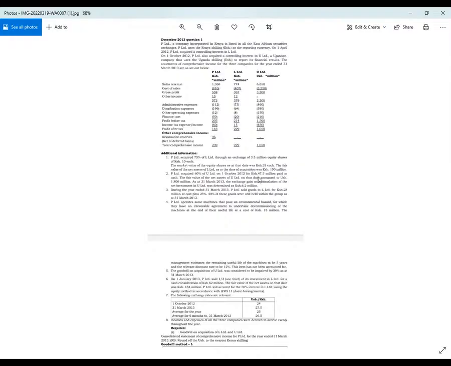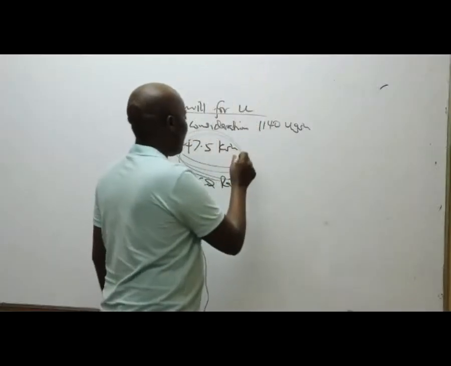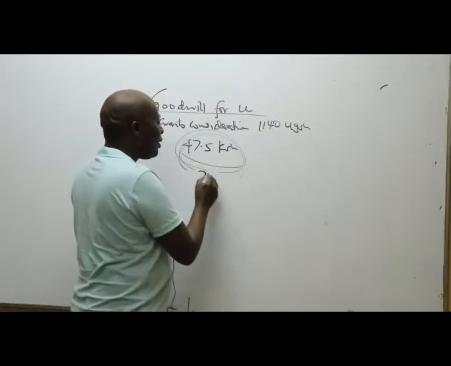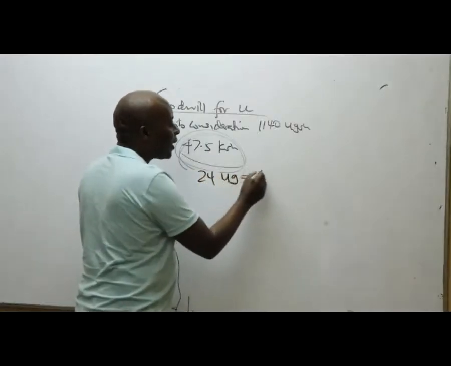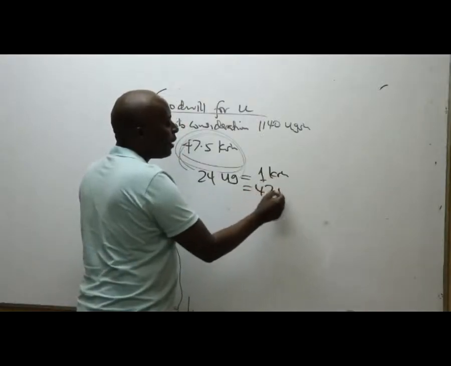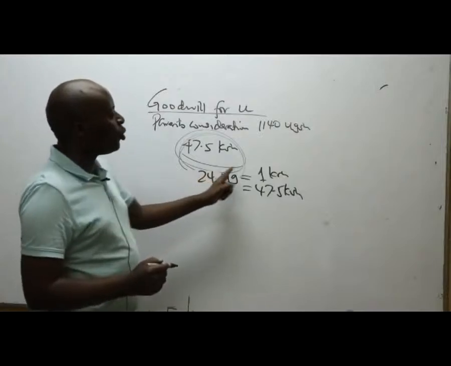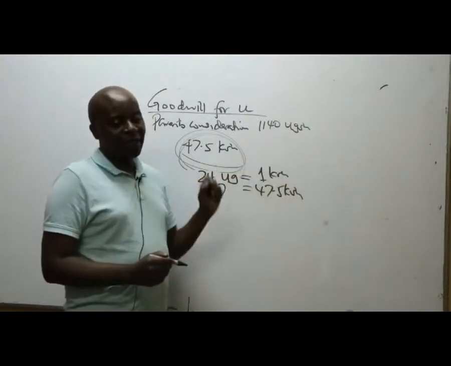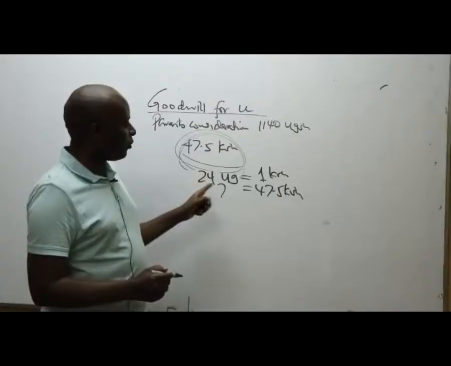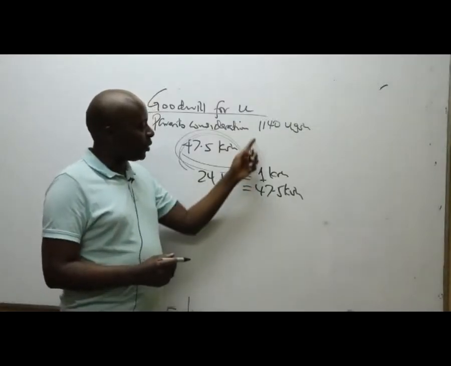So I should be able to use the 1st October 2012 rate, which is 24. Remember, it is 24 Uganda shillings equals 1 Kenya shilling. How about 47.5 Kenya shillings? How much will this translate to in Uganda shillings? Can somebody do this multiplication for me? Somebody confirm that 1140 is correct.